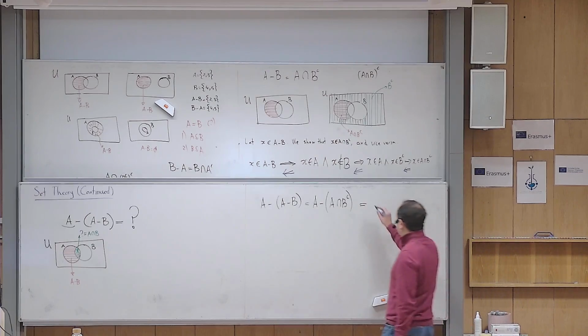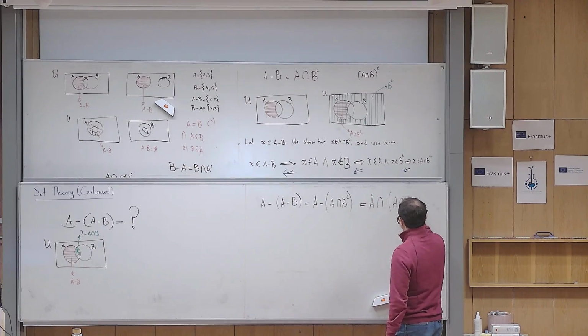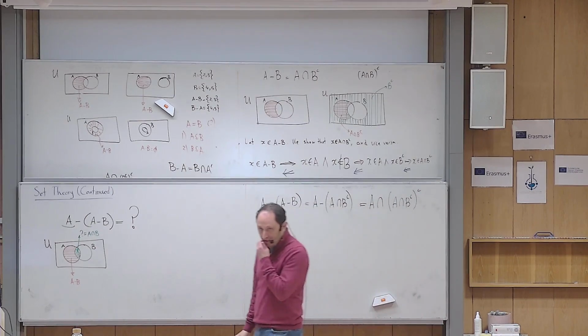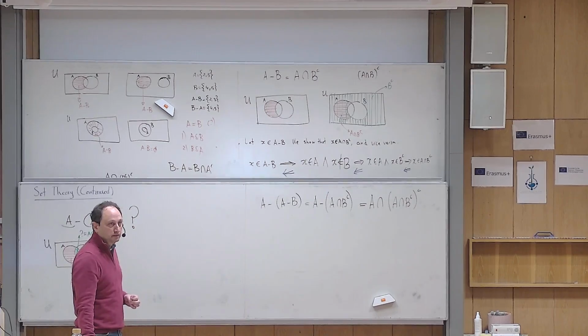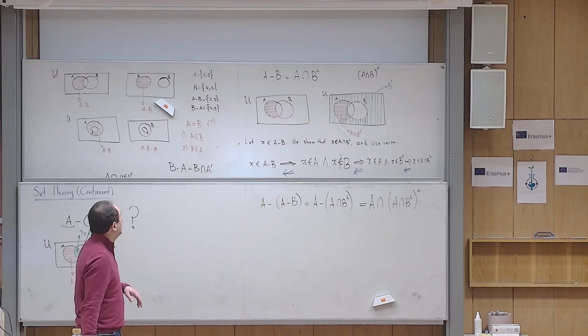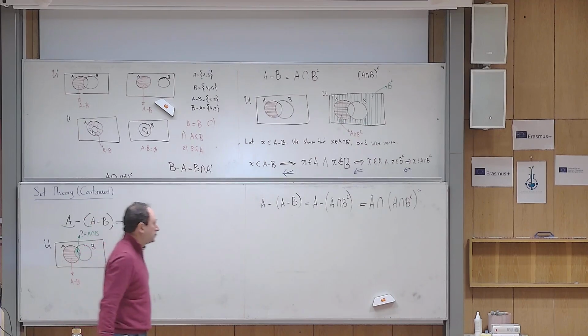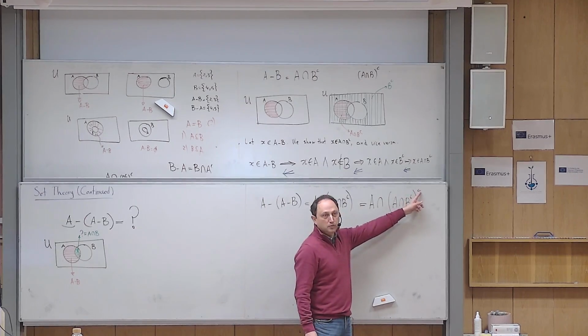So this becomes A intersection with everything in the pair of brackets complement. But now, which rule is applicable here? Which law? I erased that, the name. De Morgan law. Yes, because I have intersection, but I am interested in its complement.